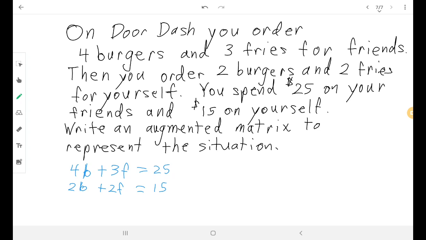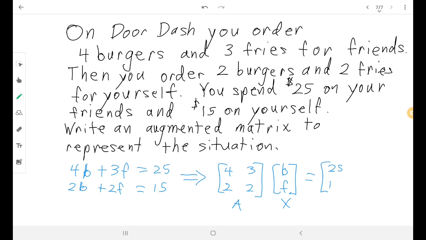And then you can see that we're setting up another system of matrices here, 4, 3, 2, 2 as our A, and then our matrix X would be B and F. That would equal our matrix B, which would be 25 and 15, and then you can do A inverse times B, or you can do Cramer's rule.